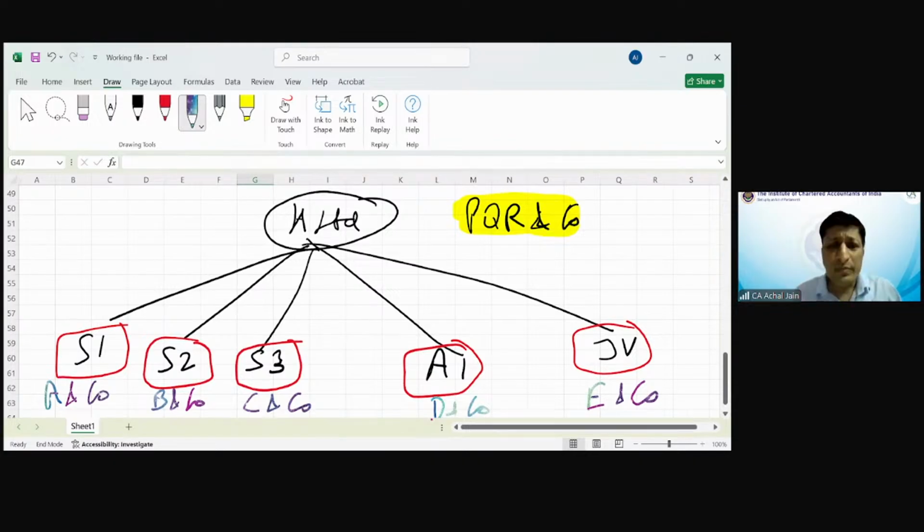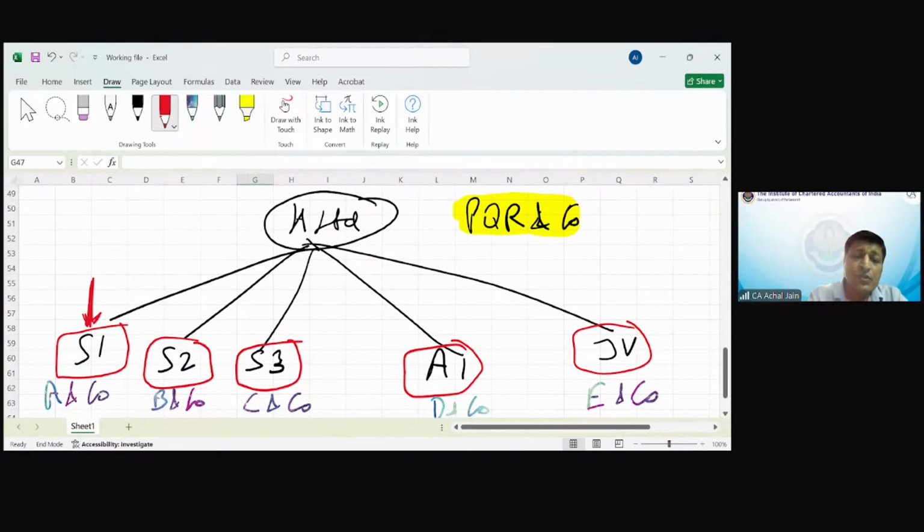Because what is this group? Group comprises of 6 entities only. Yes or no? Yeah. So it may happen that S1 is quite significant on the basis of turnover, on the basis of profitability, on the basis of asset size, as far as the group is concerned.